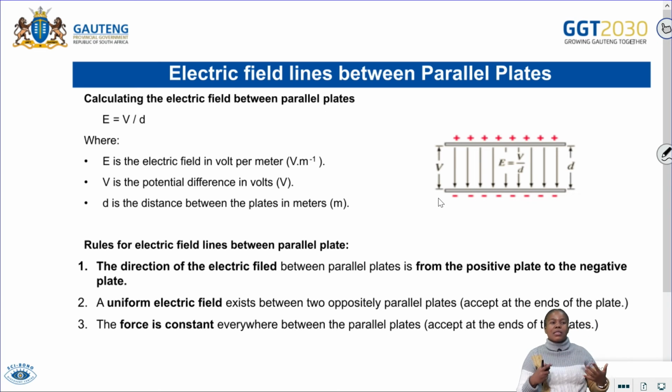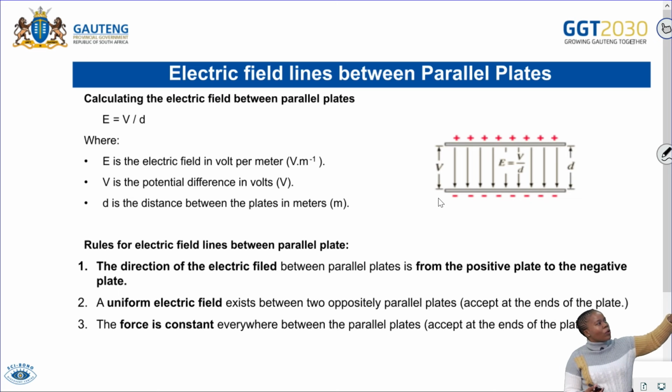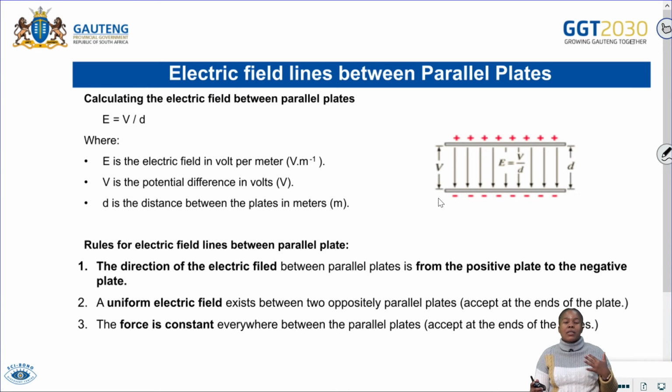Hence the electric field between the parallel plates is calculated in volts per meter. V is the potential difference in volts, and d is the distance between the plates in meters. We've spoken about how to move from one SI unit of distance to another so that we do proper conversions.